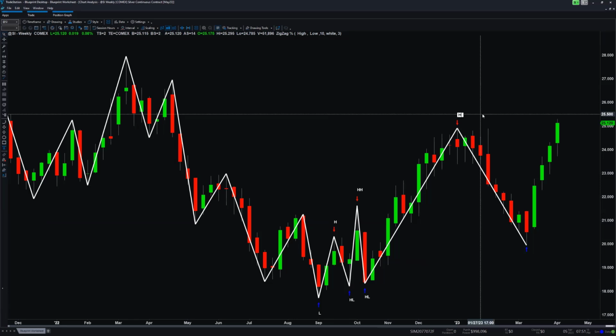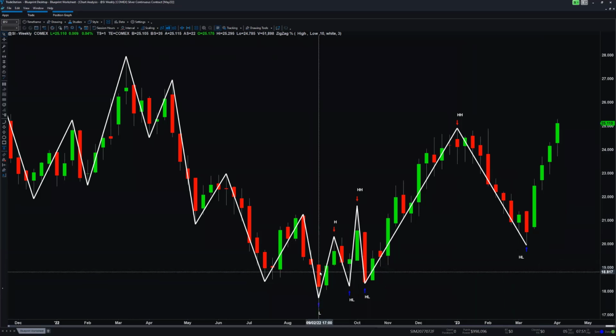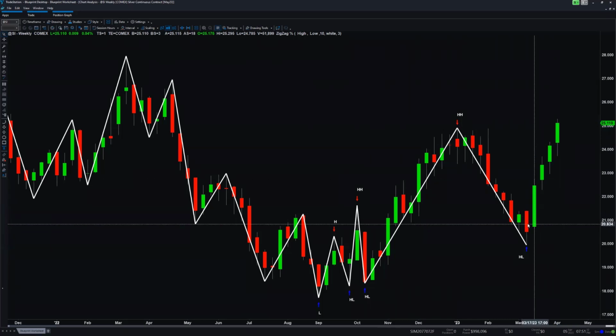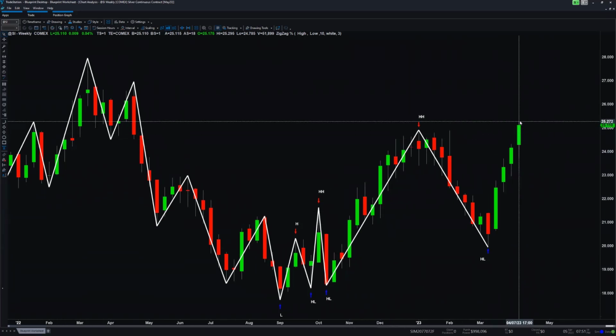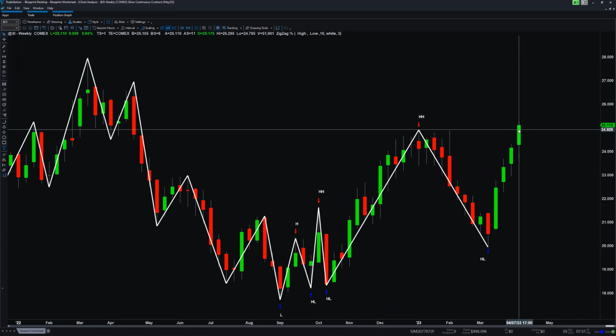And now I have a higher high again. And lastly, I have a higher low. So what I have is an uptrend here, a very clear uptrend. Price is already trading potentially at a higher high here. And so I have a very clear uptrend.